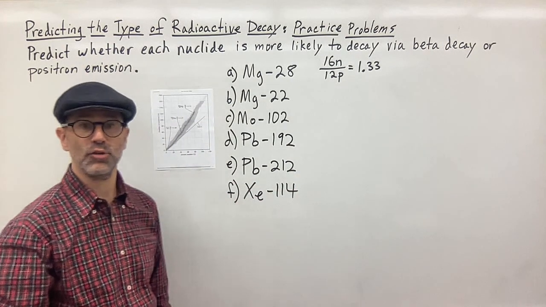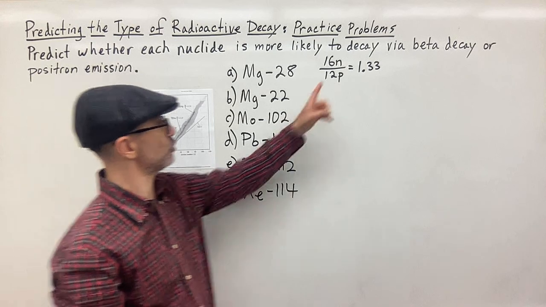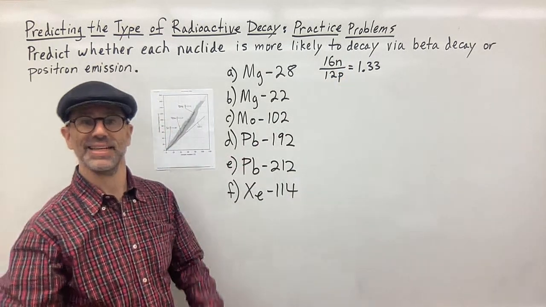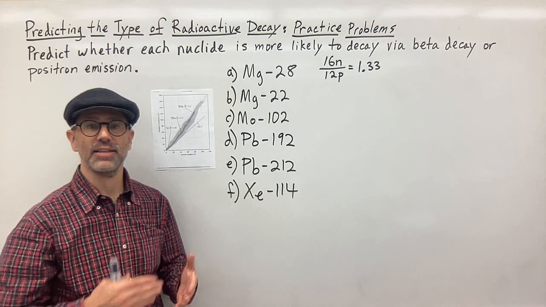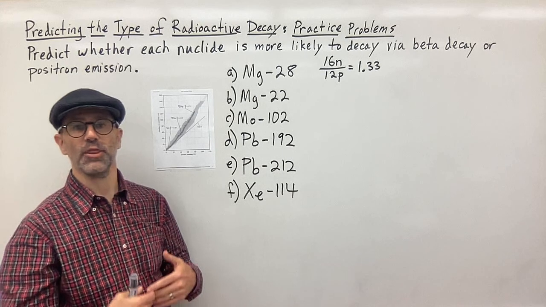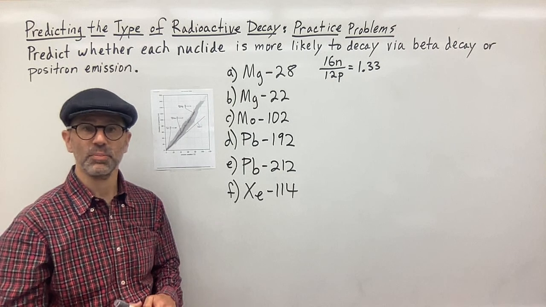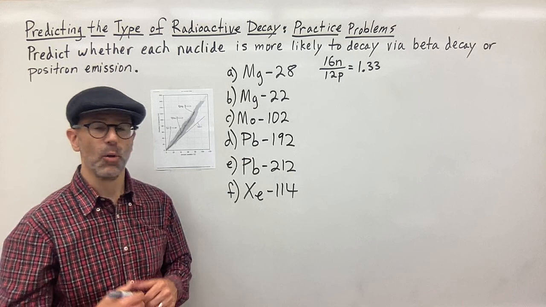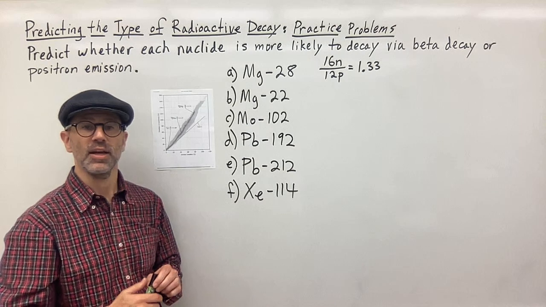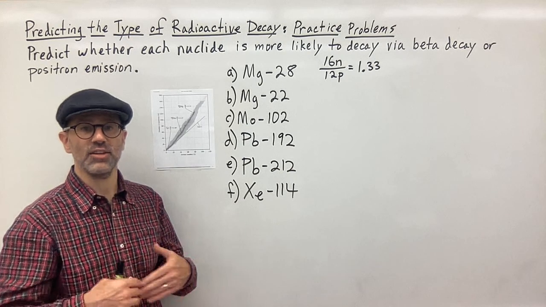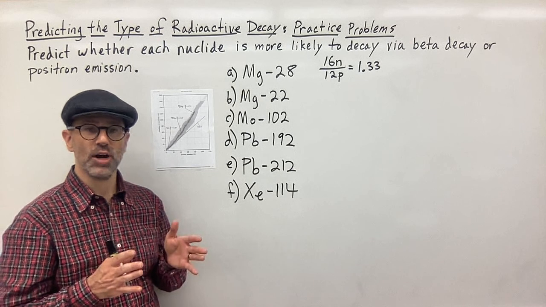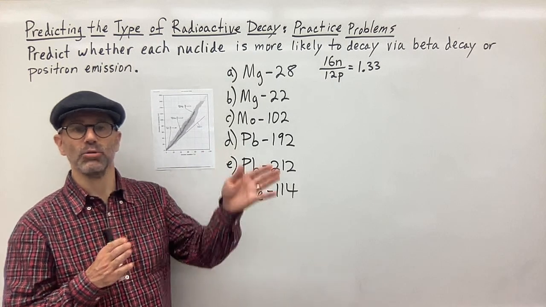So this is going to decay in such a way that it's going to lower the number of neutrons and increase the number of protons. We need a decay process that causes neutrons to go down and protons to go up. Well, that would fit with beta decay. Beta decay is where you are losing a negative electron. This negative electron, this beta particle, is produced when a neutron breaks up into a proton and an electron.